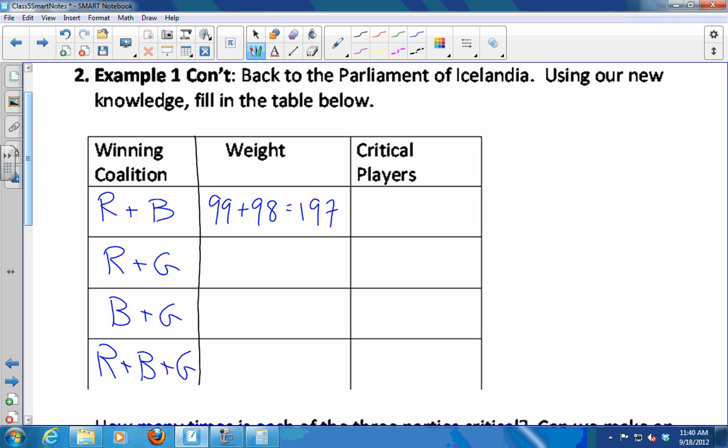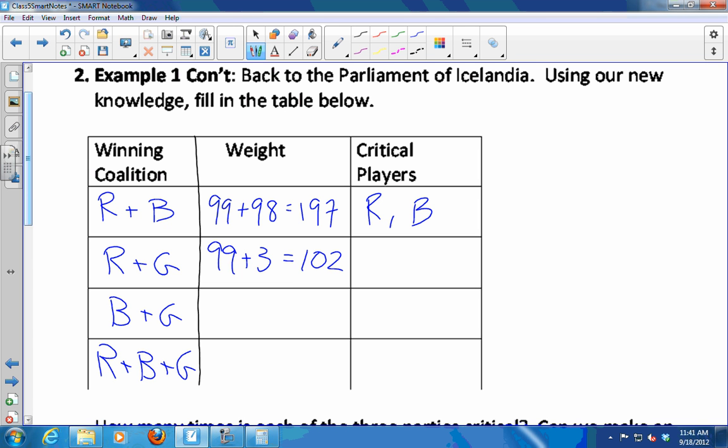Okay. Who's critical? Both, yeah. If either of them left the coalition, the one remaining would not be able to pass a motion. They're both critical. Neither can leave. So red and blue are both critical. Now the red plus green coalition, that's 99 plus 3, which is 102.